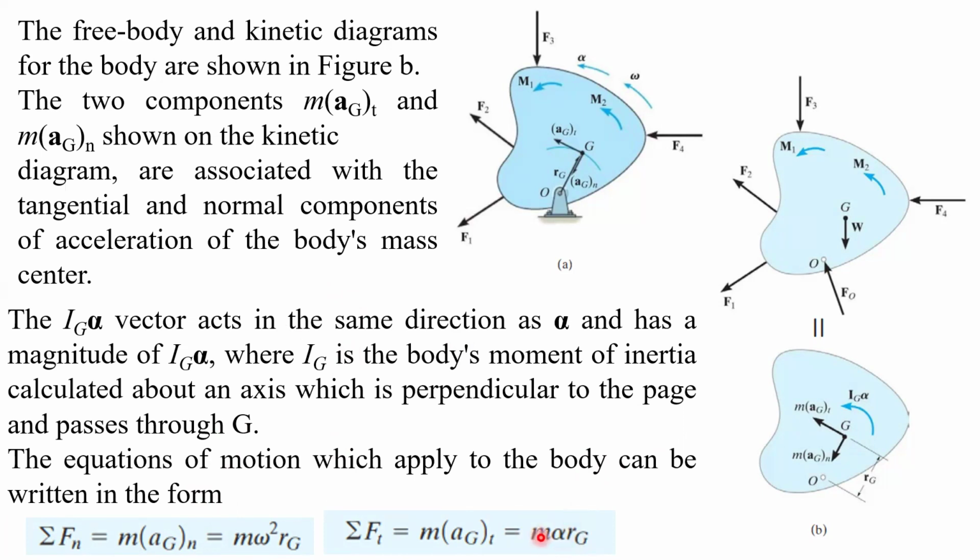You just have to multiply the tangential acceleration by mass, and it gives you the tangential force. And then summation MG is equal to Ig alpha, that is the sum of all the external moments about G.